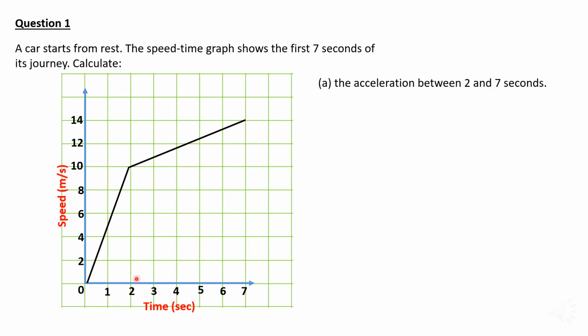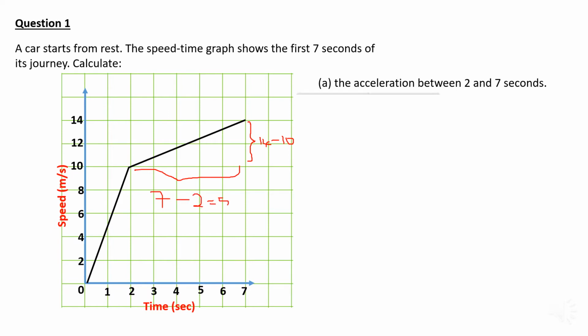It means we have to find this particular acceleration, that gradient there, that rate of change. And to find that rate of change, it's going to be this distance here. And this is where it becomes a little bit more tricky for you. It's this distance here, which in particular will be 14 minus 10, and you divide it by this distance here, which is 7 minus 2, that gives you the 5.